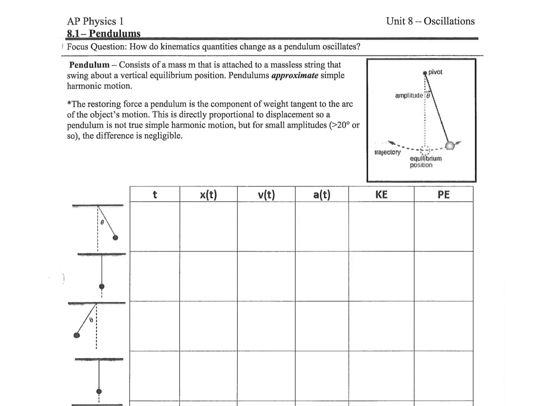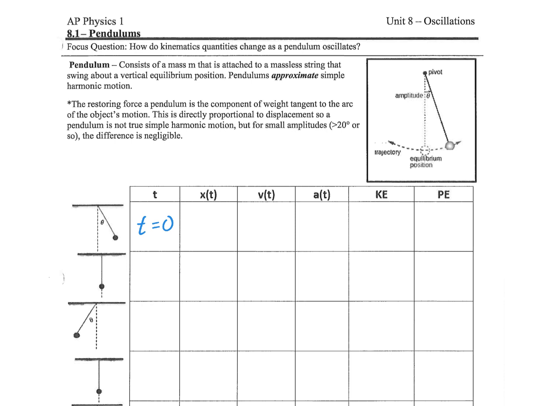Our focus question today is, how do kinematic quantities change as a pendulum oscillates? Now, you've just seen it. You've just looked at it working back and forth, haven't you? At time t equals 0, what's going on here?